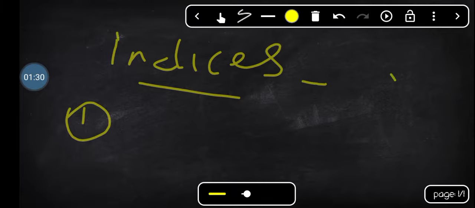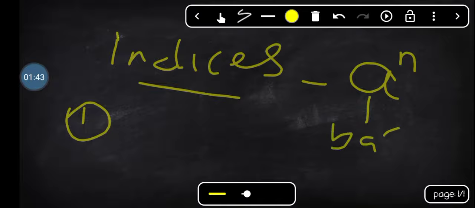Let's say we have an integer a and it has a power. So the integer a here is what we call the base, and the n here is what we call the power.